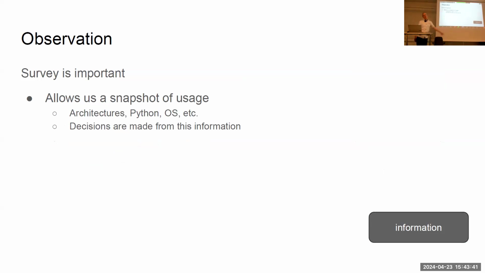Observation, we base all our stats on what we can find out, and there's 2 places we can get that. One is from the survey, and the other is from meetings like this, from PRs, people sending us messages telling us about things going on. Those are the places we can find out about, because that's how we're going to guess that Python 2 use has gone down so much.